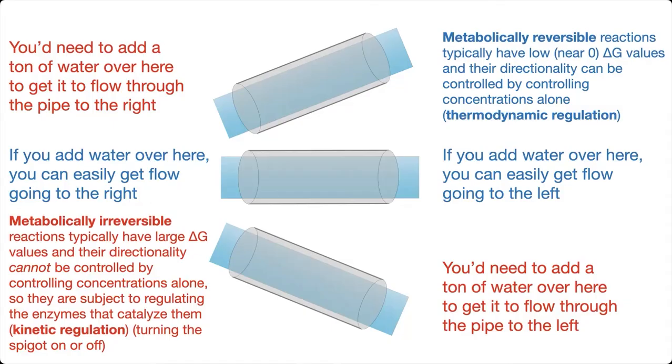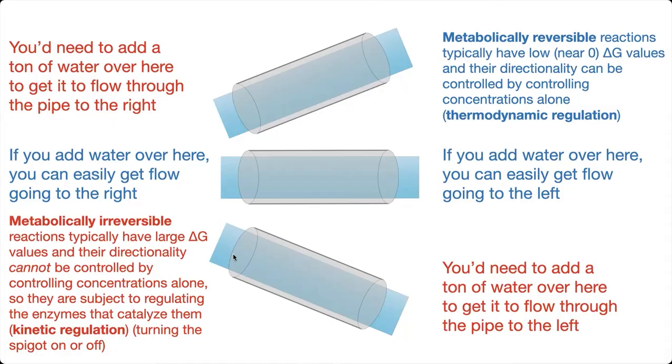So remember, I hate that term spontaneous because it seems to imply that things happen instantaneously. But remember, we've got the activation energy, the activation barrier, and the enzyme can make that activation barrier smaller. So the enzyme can kind of uncap the pipe, but that's going to make it so that water can flow in both directions. It's going to help out in both directions equally, but you're still going to have to push a ton of water in order to get it to go the other direction.